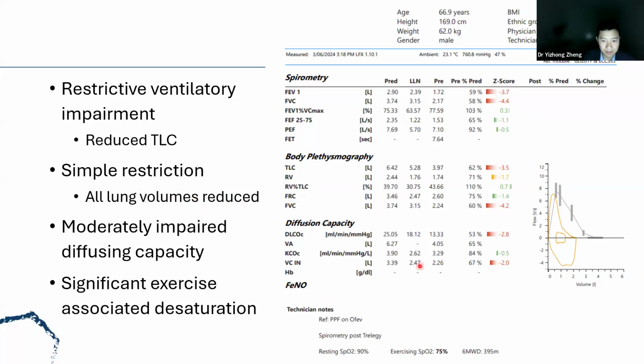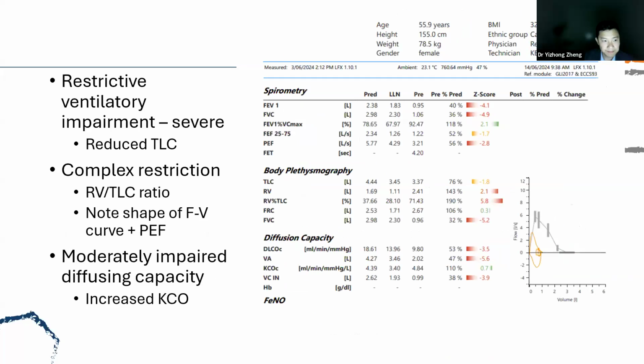This case is a patient with progressive pulmonary fibrosis on nintedanib. Their diffusing capacity is reduced, so reduced DLCO in the setting of their pulmonary fibrosis, and you can see they've got significant exercise-associated desaturation on exertion with a mildly reduced 6-minute walk distance.